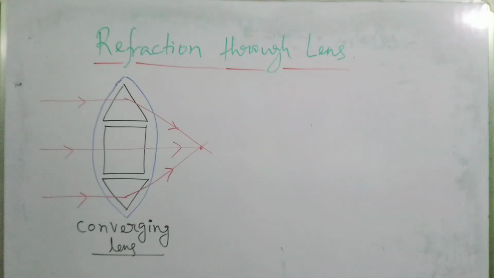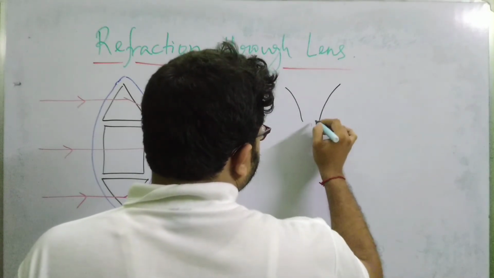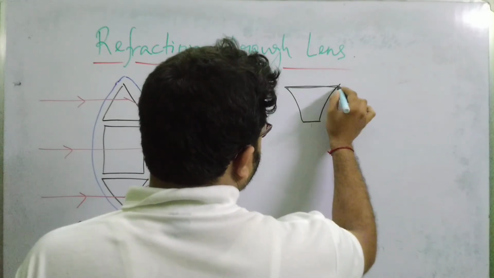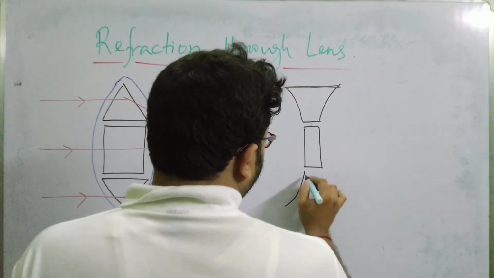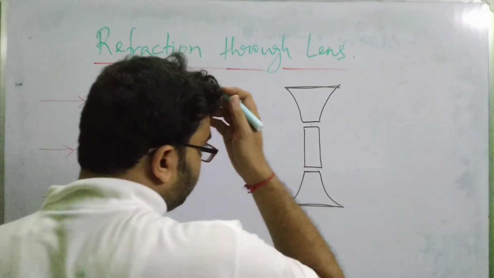Now if I consider the structure of a concave lens, we can imagine it something like this. Say this is an inverted prism. The middle part is a thin glass slab, and again this is a thick inverted prism also.